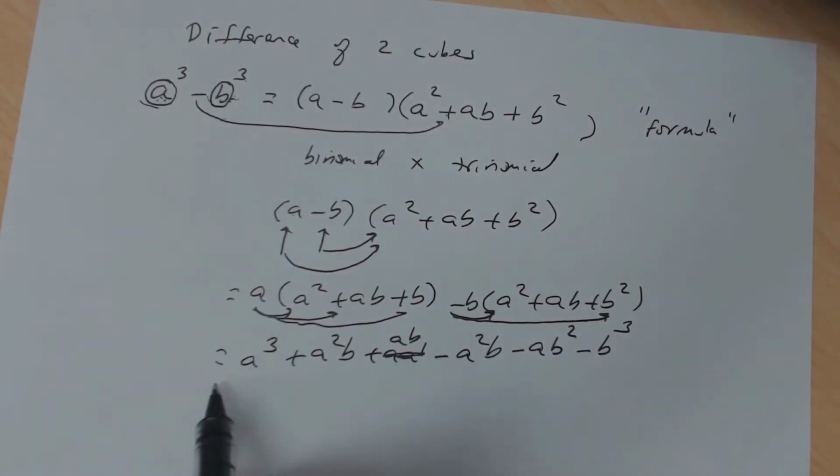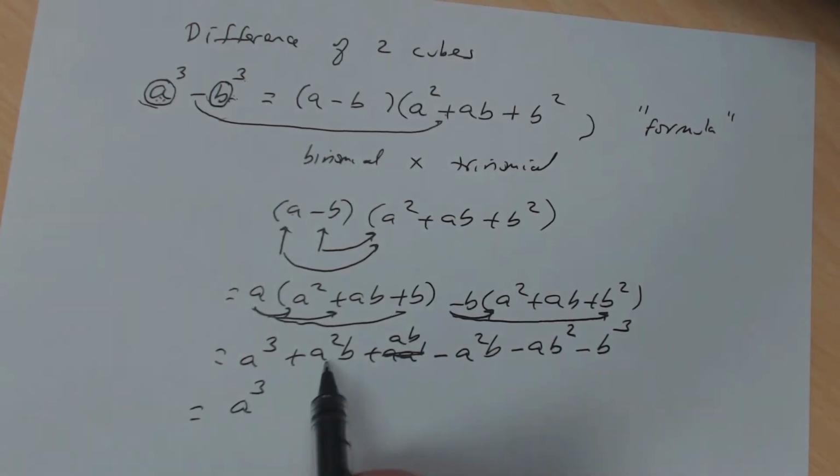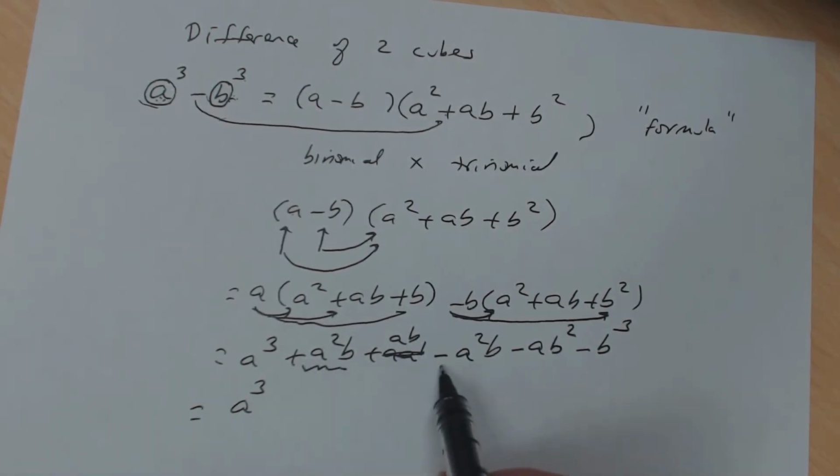And so when I combine like terms, I'm going to get a cubed. Over here, I'm going to get a squared b, and then a positive a squared b and a negative a squared b is 0. Their sum is 0. Over here, that should be a squared.